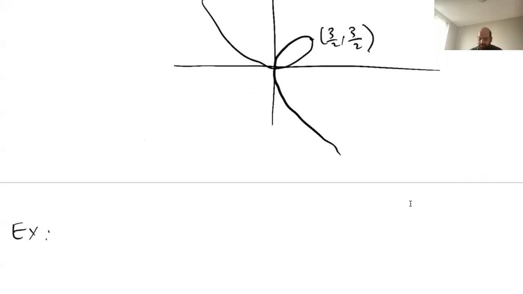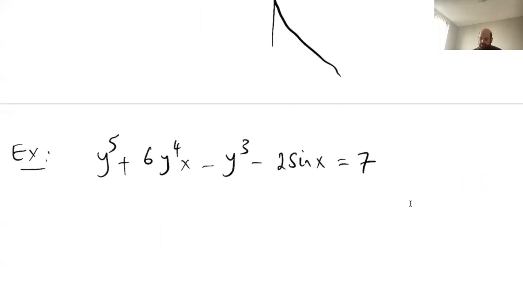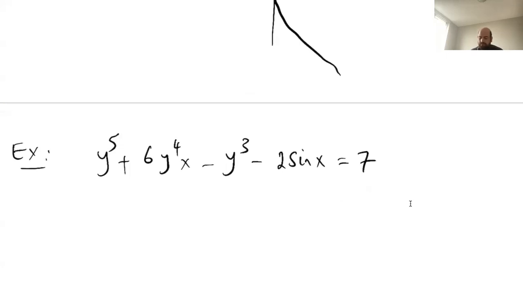Okay, so now another example. Let's say you have y to power 5 plus 6y to power 4x minus y cubed minus 2 sine x plus y equals 7.